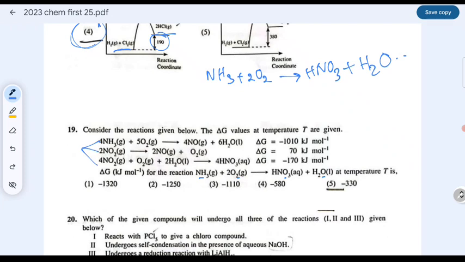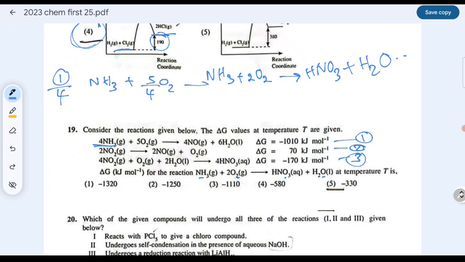Now how can we form this 1 NH3? Only this reaction has NH3, and there is only 1 NH3. So if I label these reactions 1, 2 and 3, I have to divide the first equation by 4. When I divide it by 4, I get NH3 plus 5 over 4 O2 gives NO plus 6 over 4, meaning 3 over 2 H2O.